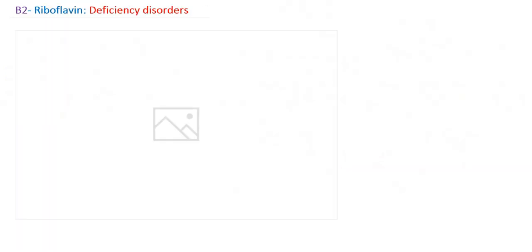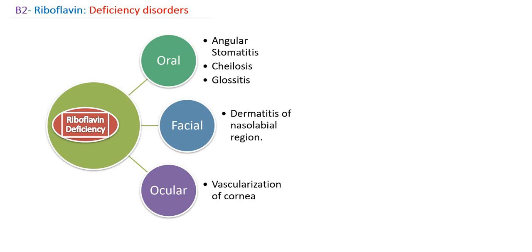Coming to the deficiency disorders, we know that riboflavin is very much essential for maintenance of normal mucosal cell integrity. So any riboflavin deficiency will lead to angular stomatitis, that means inflammation of the angle of the mouth. Cheilosis means fissure in the lip or in the angle of the mouth.